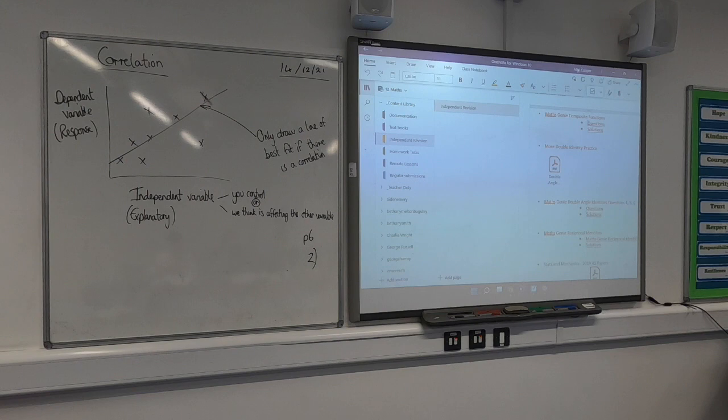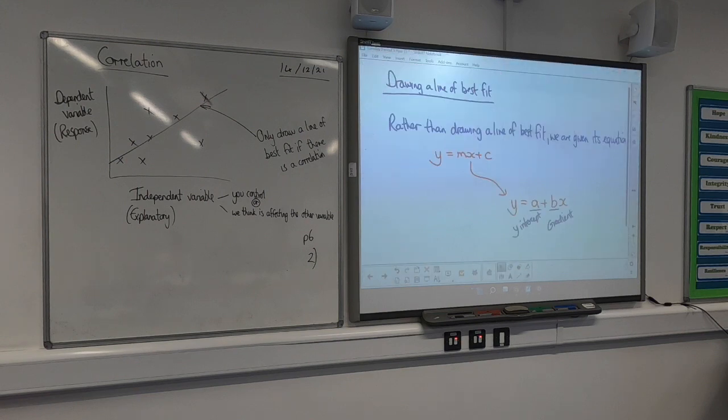So we have to look in book 1 for this, and unfortunately book 1 is with the year 12s. So I'm going to quickly open book 1 here. Apologise for this. Come on.